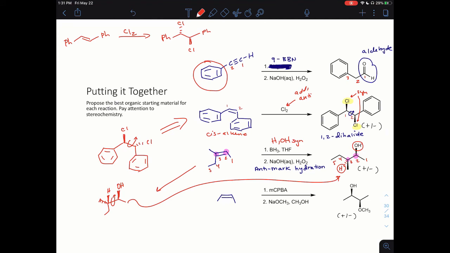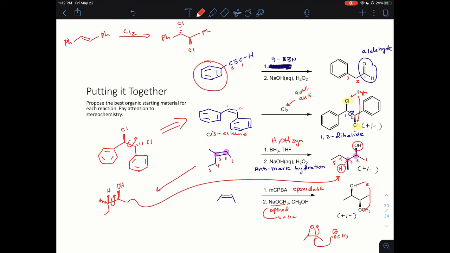Okay, last one. So you can see that an epoxide is formed from step 1, epoxidation. And then in step 2, it's being opened under basic conditions. All right, so let's see. We know the epoxide has 2 methyl groups, and this is an SN2 reaction to open it up.